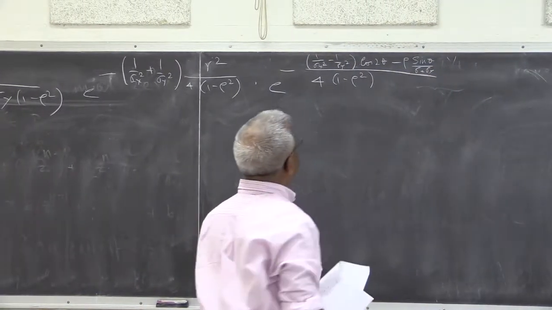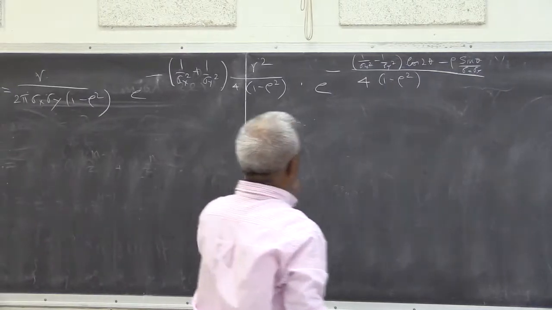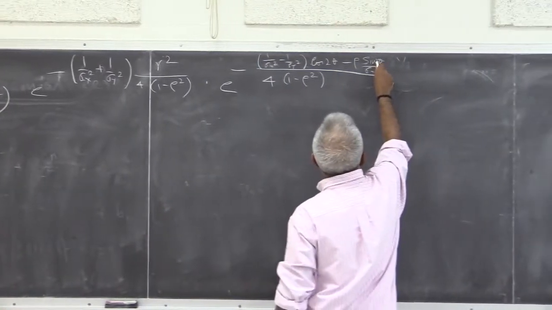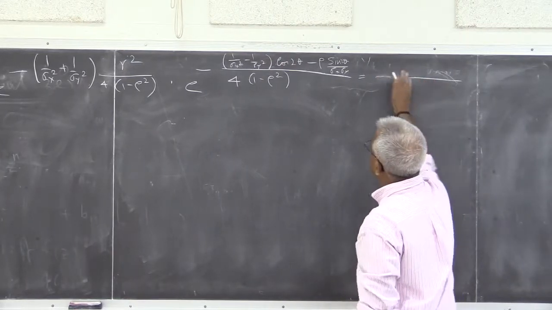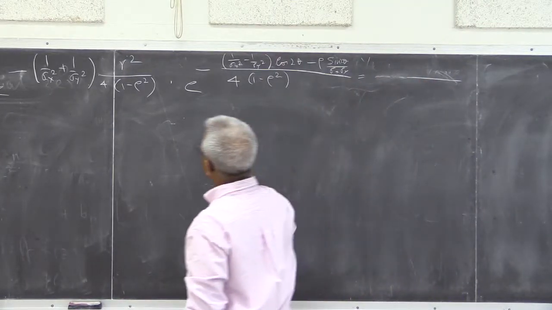So notice that the numerator can be written as a cos of 2 theta plus a phase. So of course this can be written as just the numerator alone.